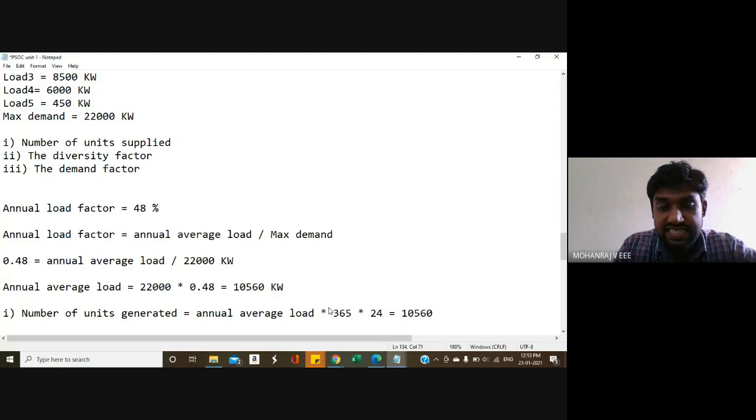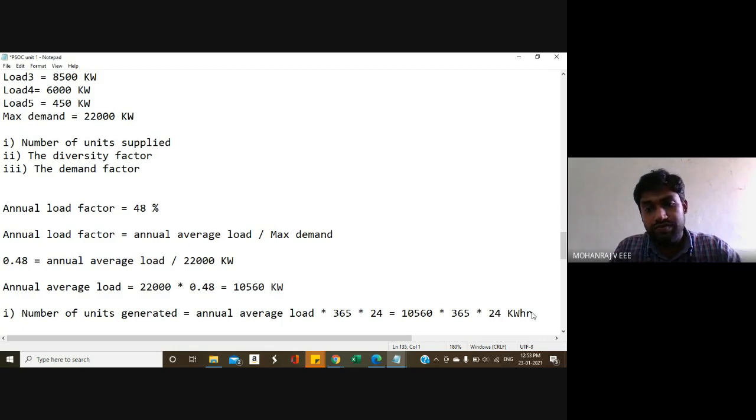So that can be written as 10,560 into 365 into 24. That is the number of units generated. That will be in kilowatt hour, because we already have the annual average load in kilowatt, and 365 into 24 is hours. So kilowatt hour. That is units.